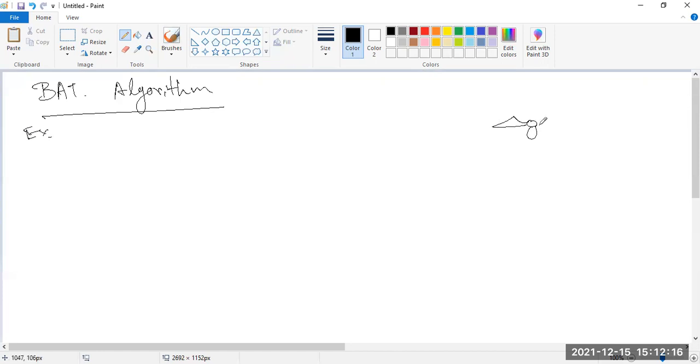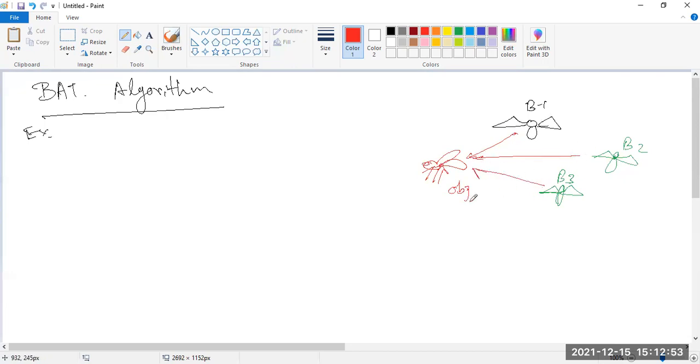This is bat one, this is bat two, and here is bat three, and your object is here. You can see this is the bat 1 position, this is the bat 2 position, this is the bat 3 position.